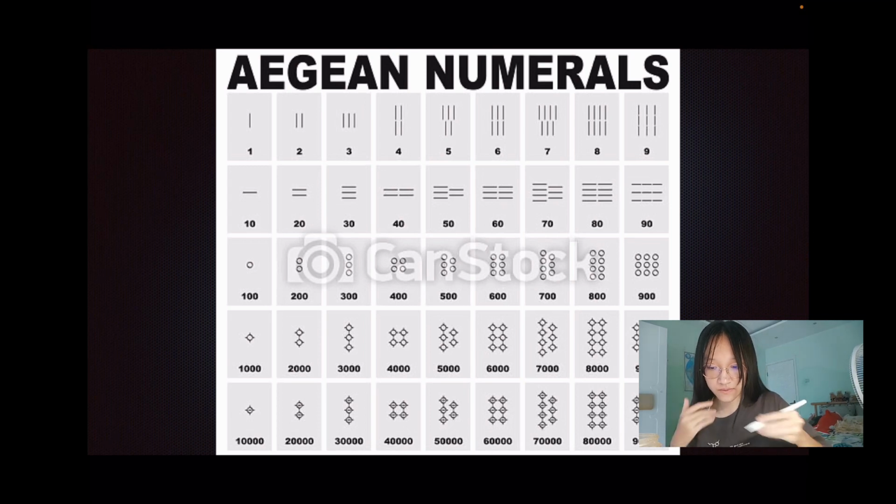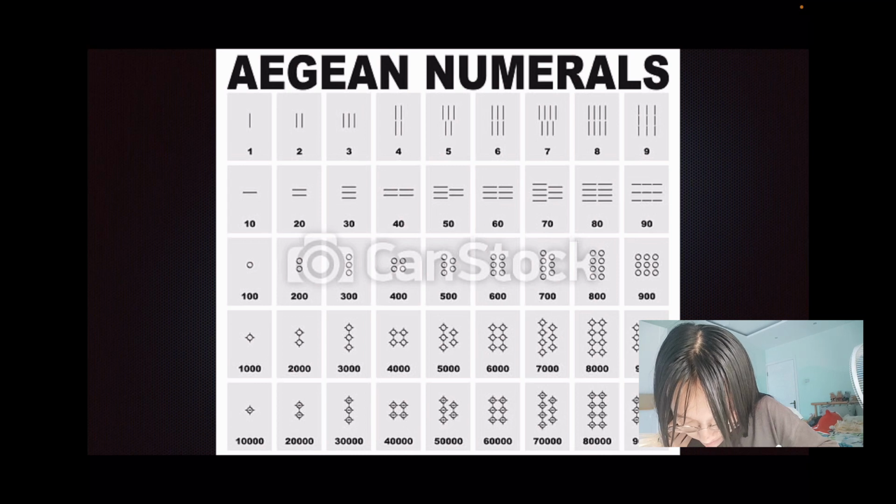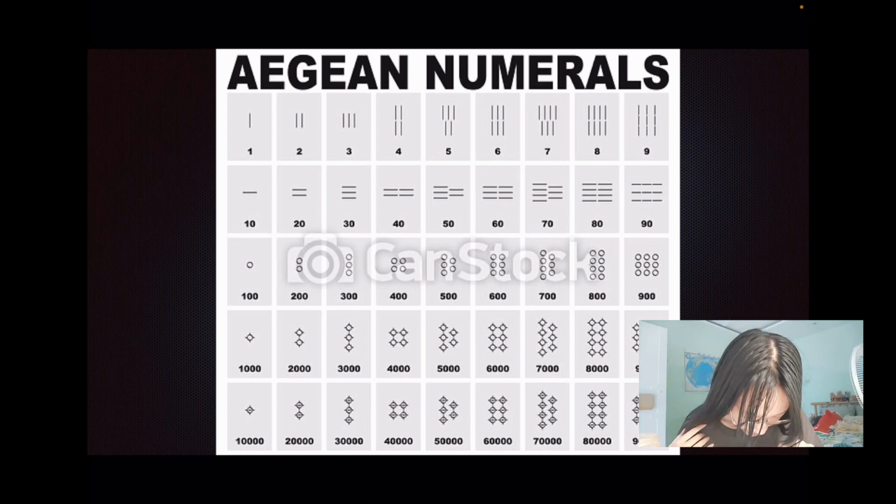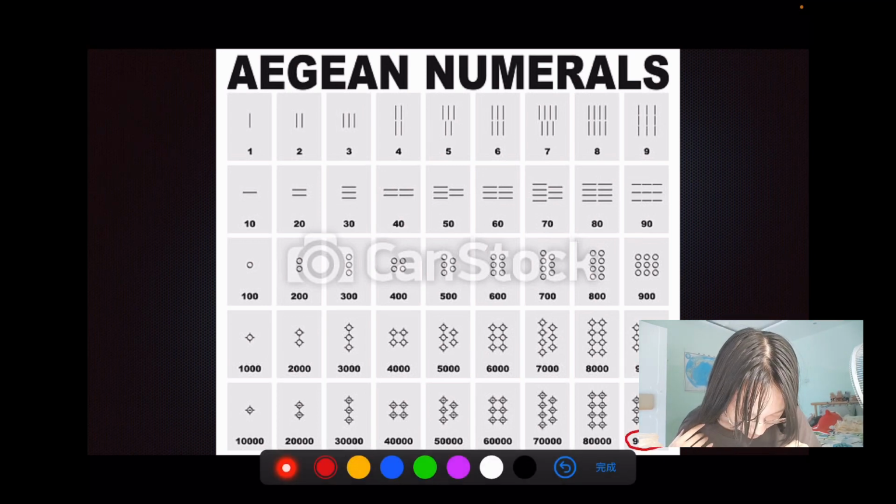It's like we use vertical lines for 1 to 9, and then for 10 we use horizontal lines, and then for 100 we use a little circle, and for 1,000 we use a circle and a cross, and they can count up even to this large, 19,000.